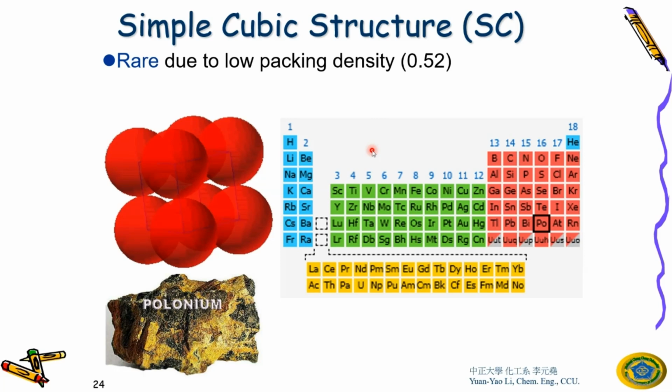It must be more than half, right? So 0.5 is not a good packing density. So you cannot find this kind of packing among metals. Only one case here is called polonium, which has this structure. Only one, not much.